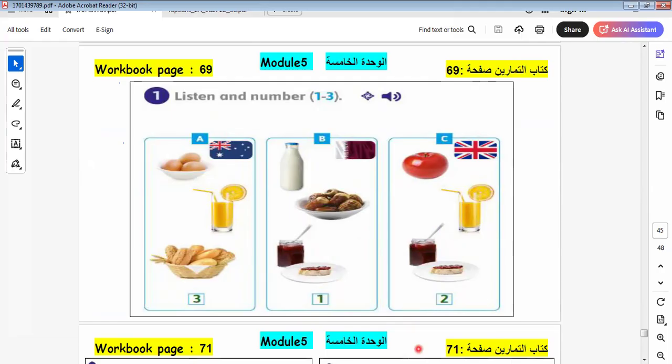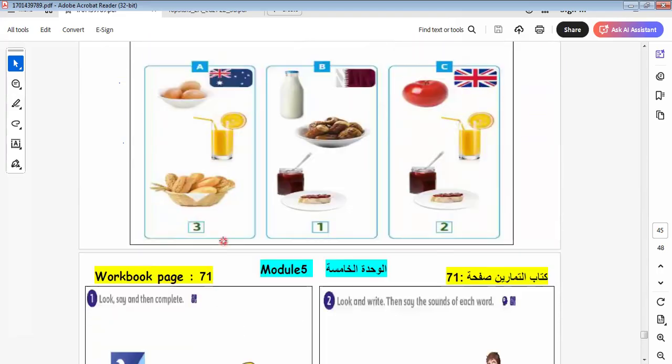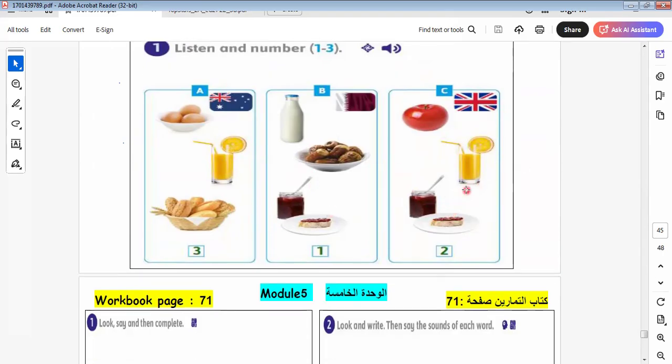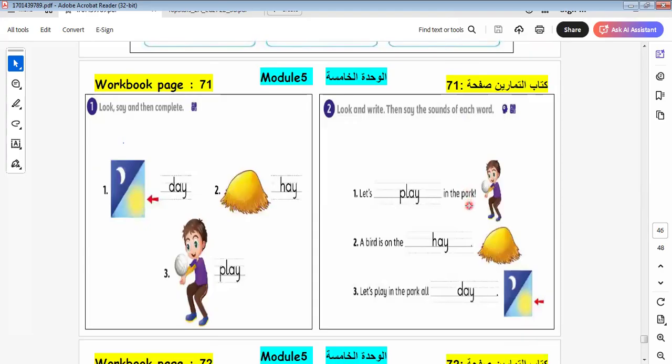Breakfast of the United Kingdom, number 2. Here is also the United Kingdom, this one and this one. This is the famous breakfast of Qatar, and this is another kind of breakfast for other countries.